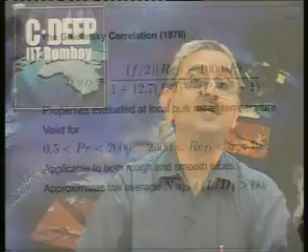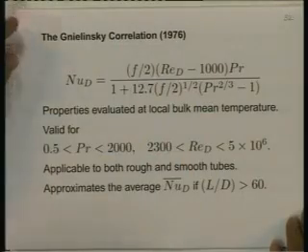Of course, the Dittus-Boelter correlation is pretty old. We are attracted to it because of its simplicity. The current recommendation for the most suitable correlation is the Gnielinski correlation. It is also about 25-30 years old.